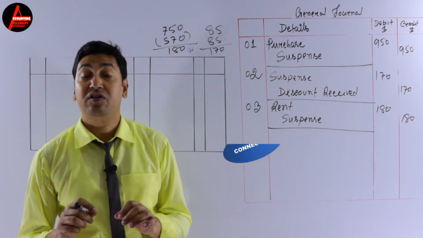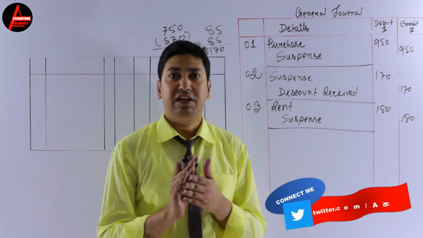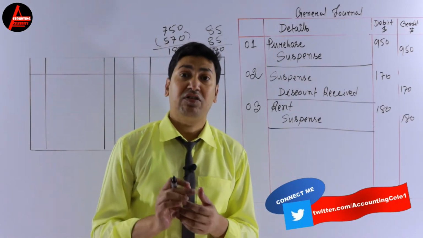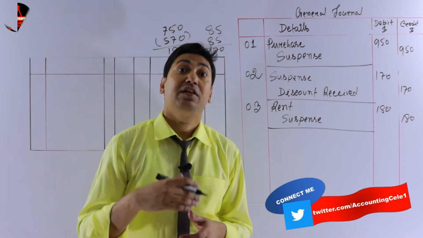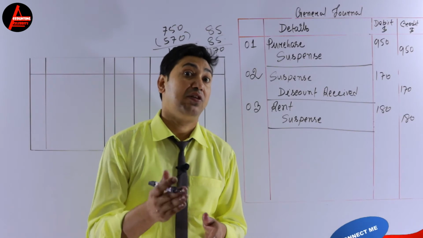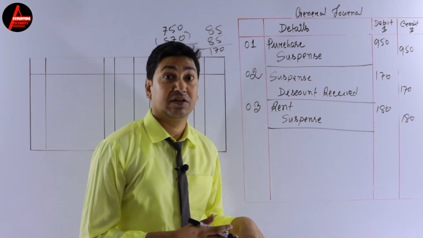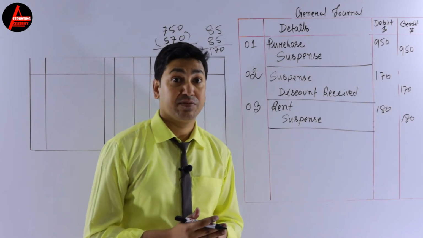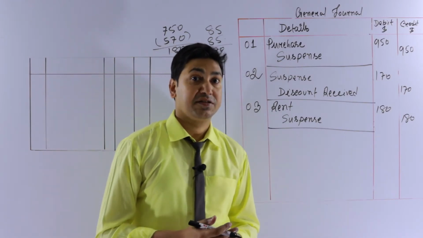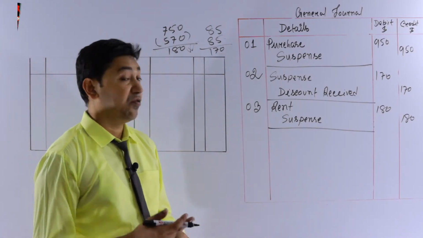I have a video on different types of error in trial balance. You can watch it. It will help you to understand the mood of the transactions when you solve this type of transactions in the correction of errors chapter. The link is in the description.